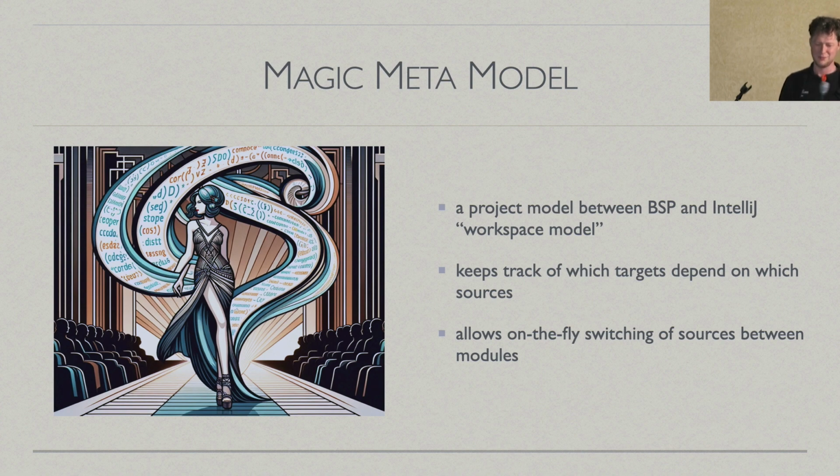And basically, it's a project model that's between BSP and the IntelliJ workspace model. So now we have 4 models that we need to keep track of. And, well, this one is fairly simple. It just keeps track of which targets depend on which sources and allows you to switch on the fly between sets of sources or sets of dependencies.